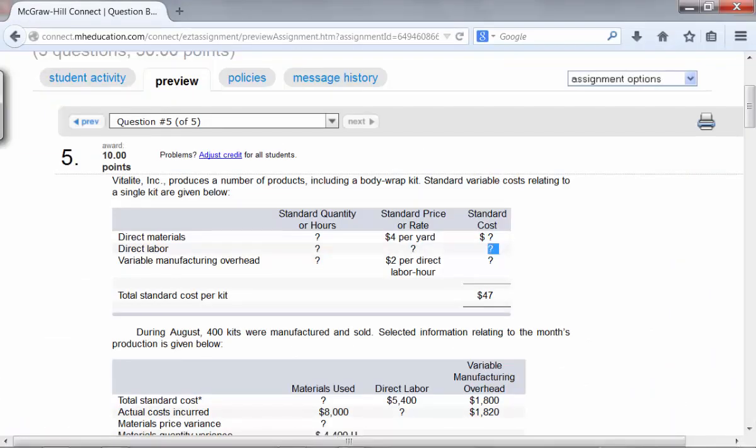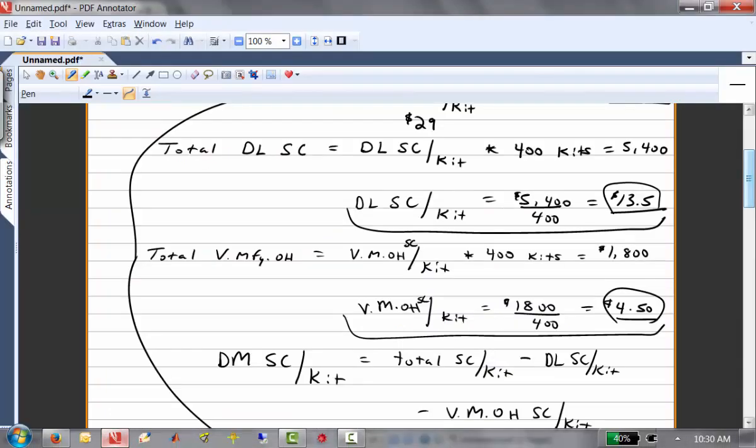It's this number right here. All we're saying is that this question mark equals this question mark divided by this question mark. It's direct labor standard cost per kit, which is 13.5.